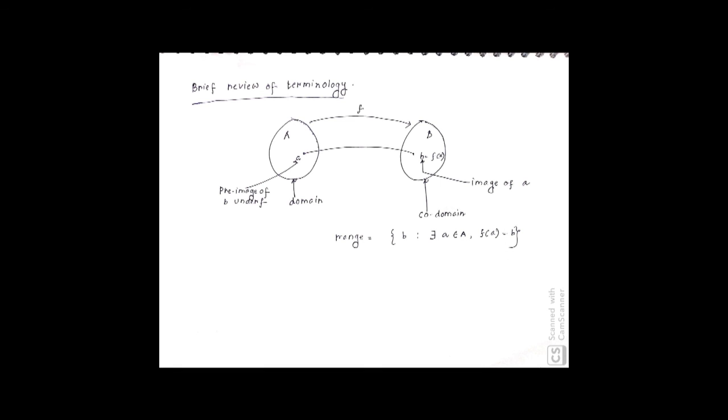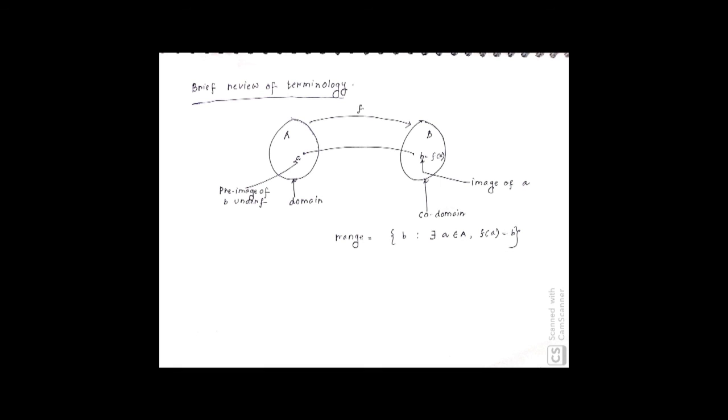The set B is called the codomain. This element b is called the image of the small a, or image of the element a under f, and in the other way we can also say that a is the pre-image of b under f.